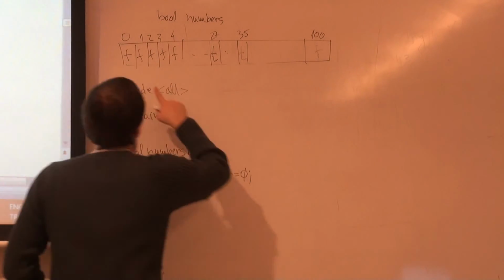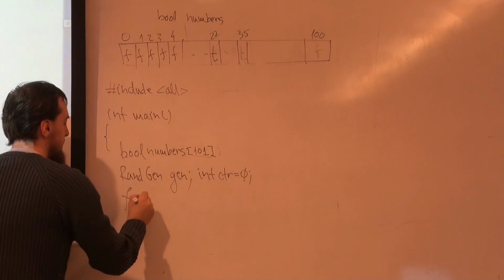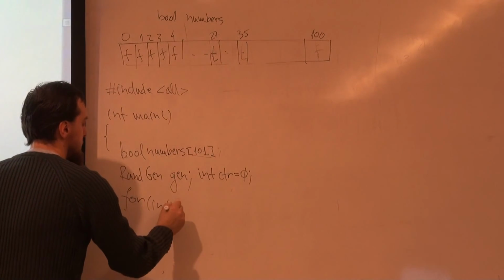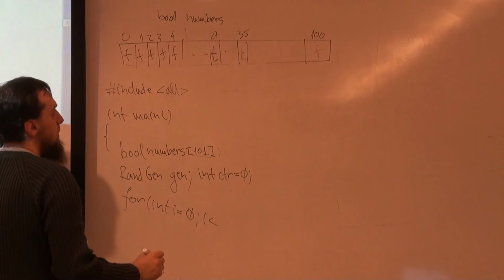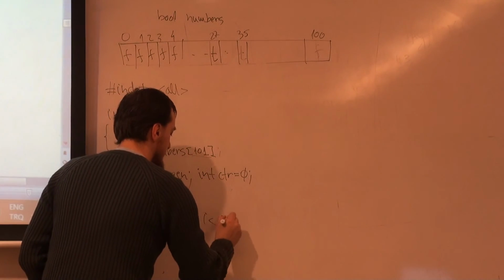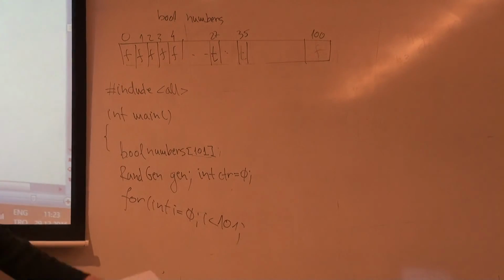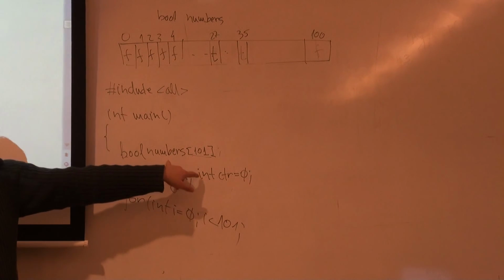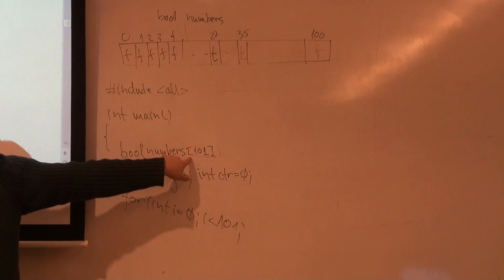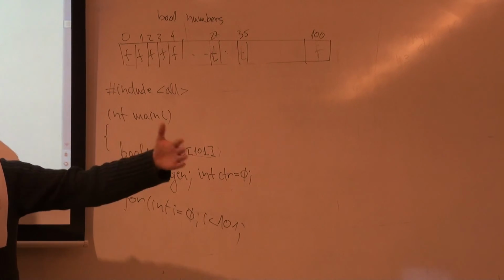So, in order to be sure that these values are all false, I'm going to iterate with a for loop. Integer i is equal to 0 up until 101, since we have 101 elements. We cannot use the size property here since it does not exist. This is a built-in array, not a dynamic one. Dynamic means that its size increases.